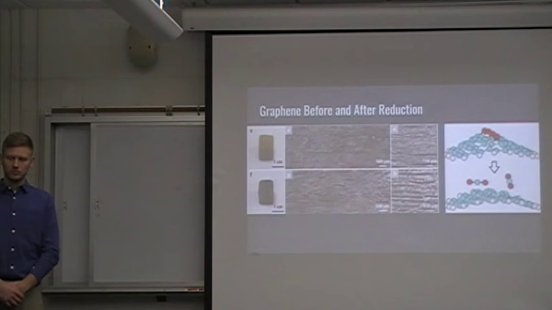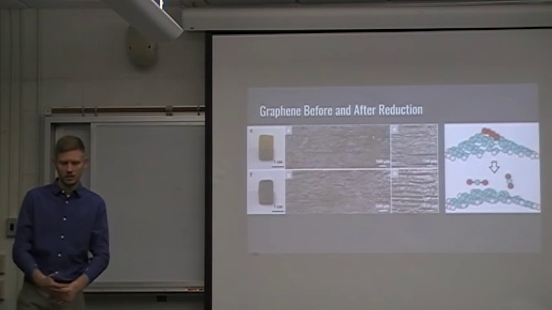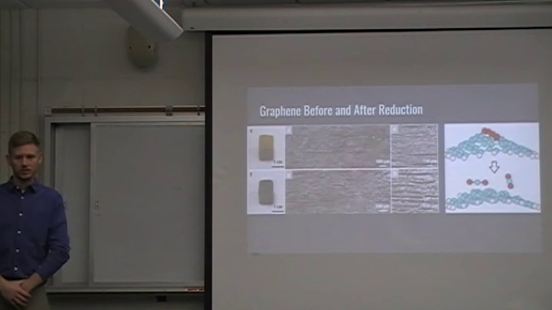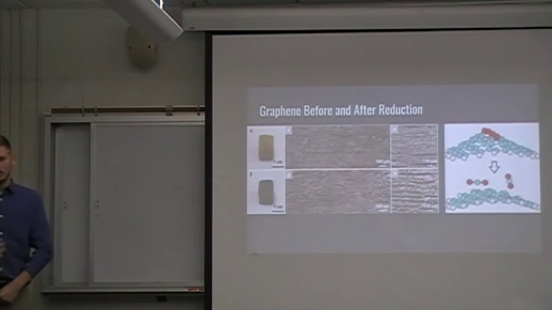It cannot be too massive because there was an image, I didn't put it in the PowerPoint, of a centimeter scale graphene holding 6,000 times its own mass, and it was a mass about like that big.